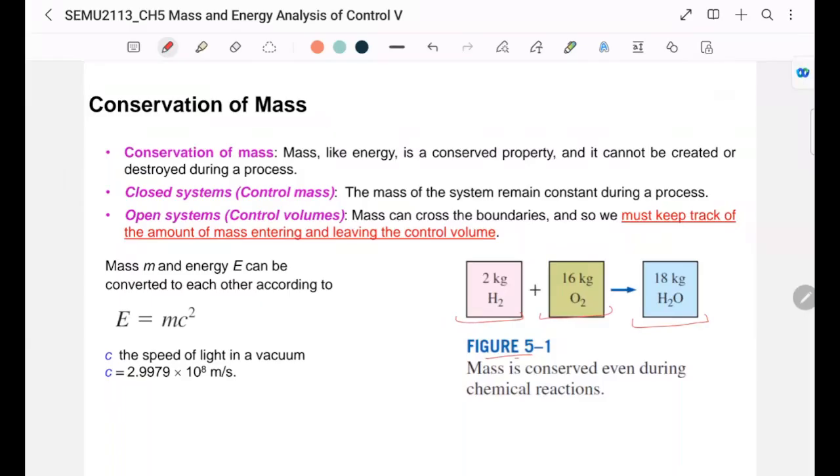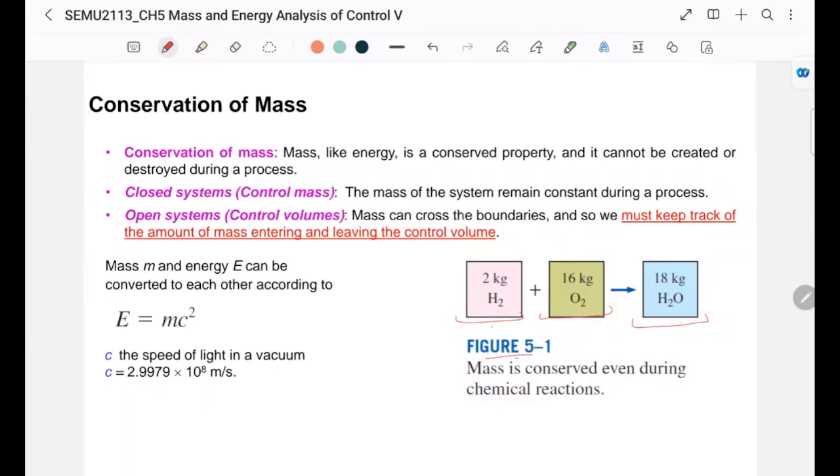So eventually you get 18 kilograms. So the mass is always conserved. You can't destroy the mass as well. If it's in your control volume, it's there. You take it out, then it must become lesser. If you add more in, it becomes more. So the mass is always balanced.